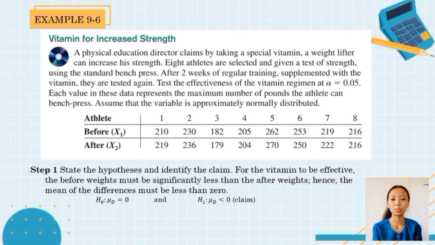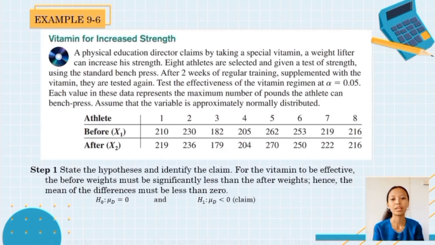For the vitamin to be effective, the before weights must be significantly less than the after weights. Hence, the mean of the differences must be less than 0. So our hypotheses are mu sub d equals 0 and mu sub d less than 0, and that is our claim.